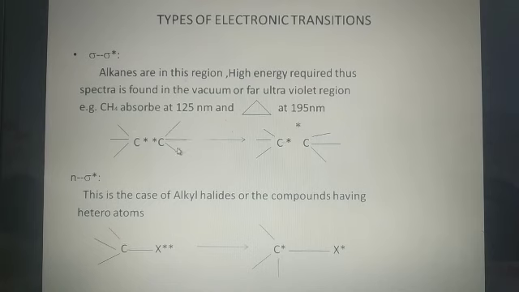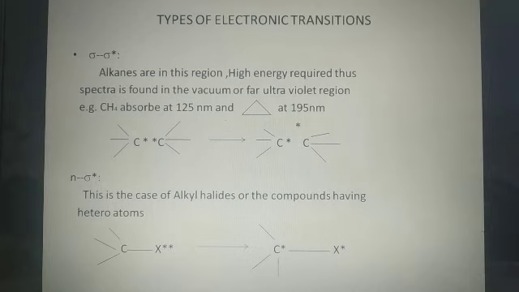Now what happens to the molecule actually, whether the bond breaks or the bond doesn't break? You know, whenever there is a transition from the 2s to the 3s, meaning E2 to E3, then obviously the bond will break because there is a migration of an electron from one orbital to another orbital.